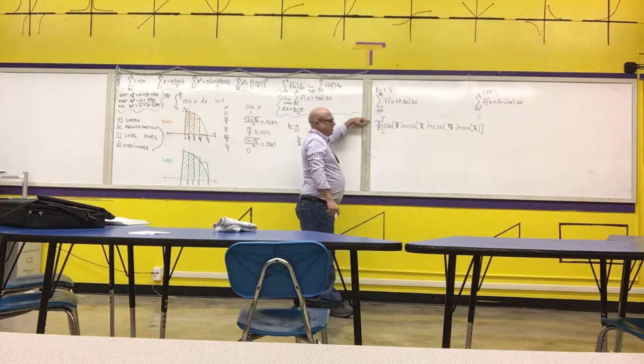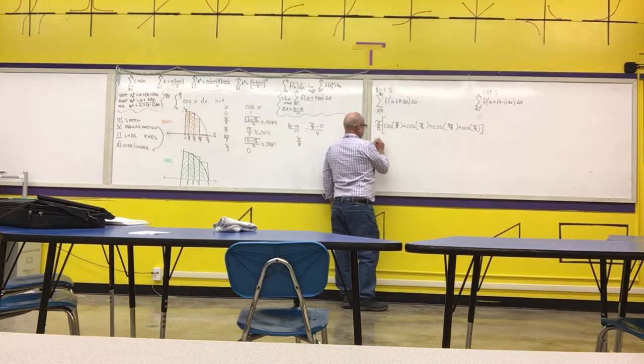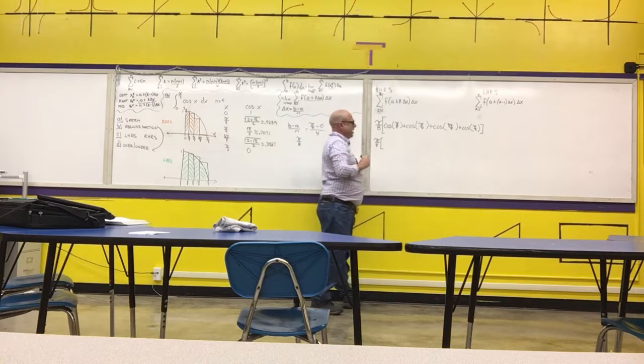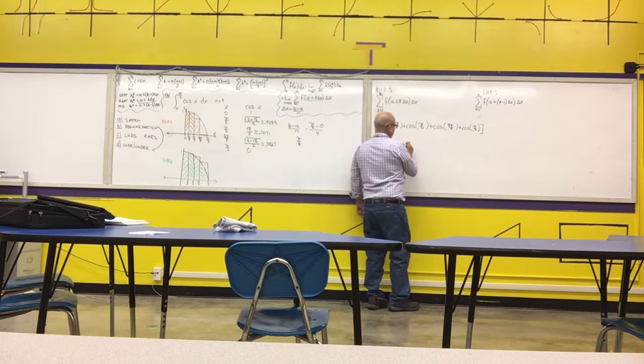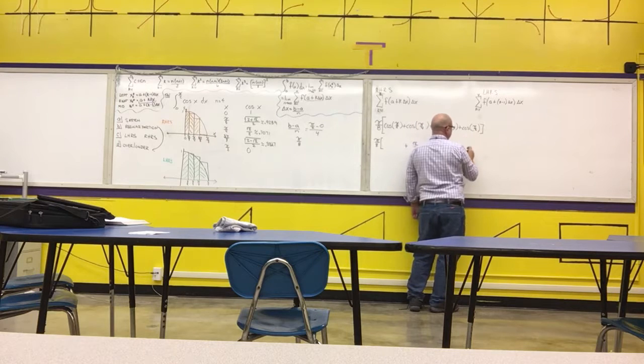So I do need to see this step on a test. Then the next thing I want to see is the exact values, if you have them memorized. For example, cosine of pi fourths is the square root of 2 over 2. Cosine of pi halves is 0.